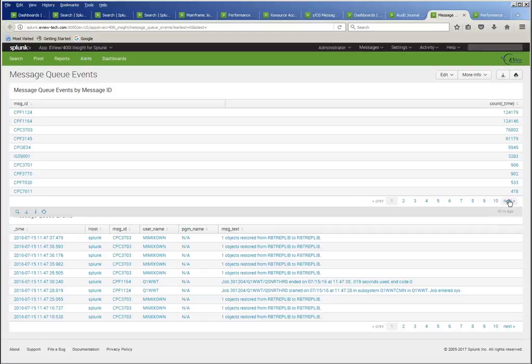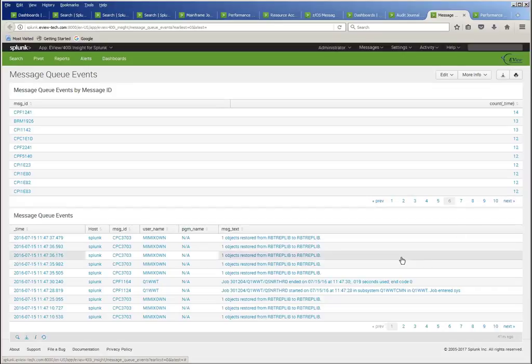But we can go down here and take a look at all the different messages here. So if there's particular messages that you're interested in, you're able to go in and do searches and reporting on specific types of message.